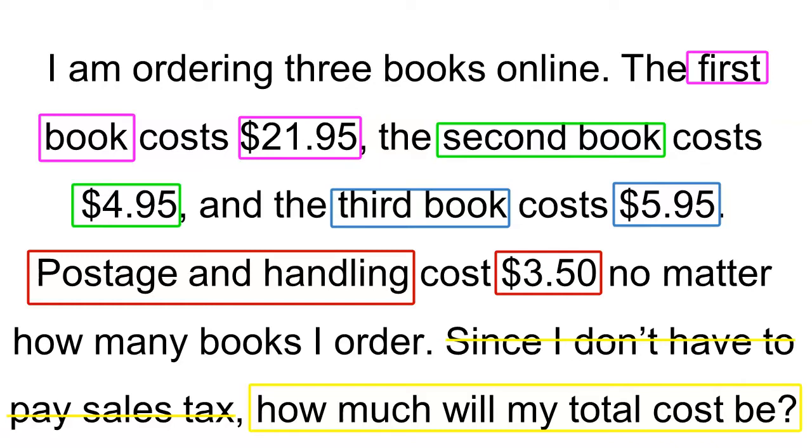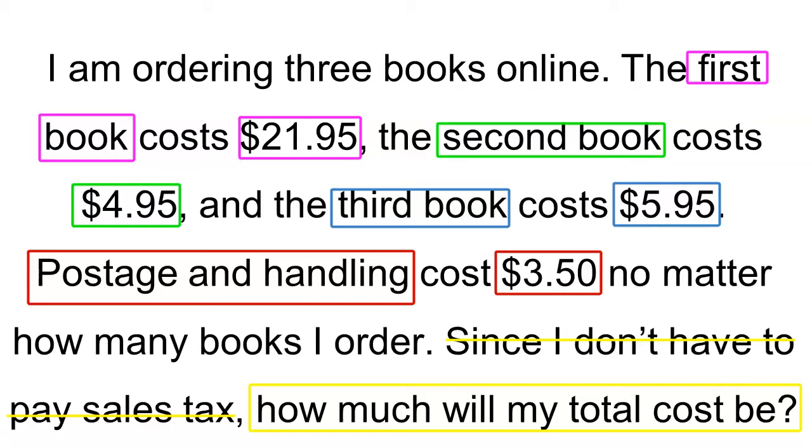So think about, is my total cost going to be more than $21.95, that largest quantity, or is it going to be less than $21.95? Thinking about how much will my total cost be, how can we use these values in order to figure that out? So at this point, I want you to go ahead and pause your video.